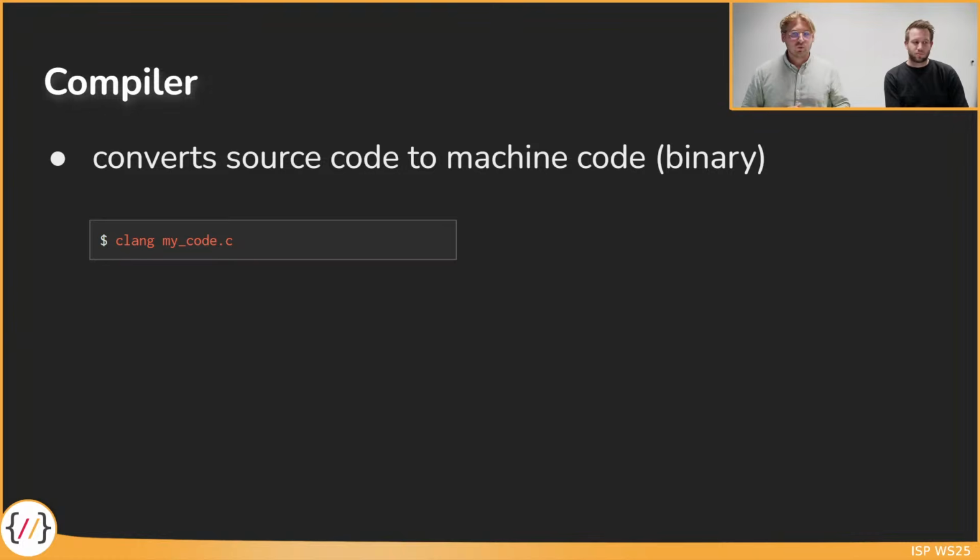So how can we now convert the source code in C to machine code, which is binary code, just zeros and ones? For that we can use a compiler, for example Clang, but we could also use GCC. But for this course, it's definitely a good option to use Clang. So we just say Clang and then my code C, which is a file containing the C code that we have written.